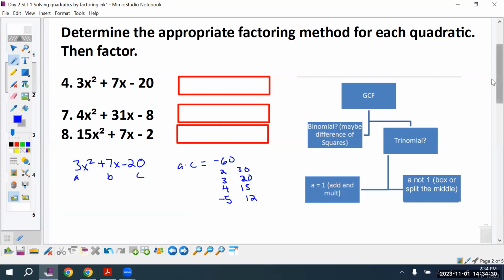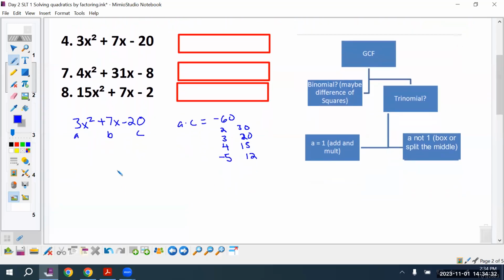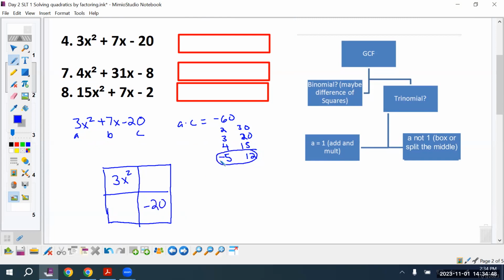So now I'm going to build the box. Again, the squared term goes in the top left. The constant goes in the bottom right. I'm going to split 7 into negative 5x plus 12x because that gives me 7x.